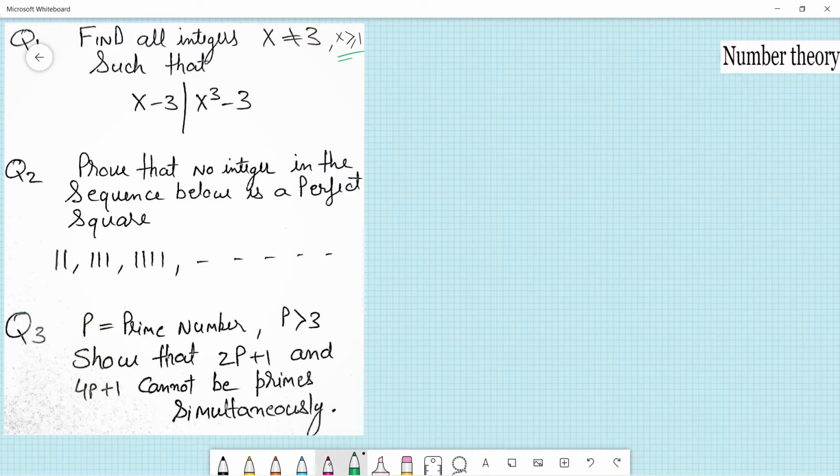The third question says, if p is a prime number, show that 2p plus 1 and 4p plus 1 cannot be primes simultaneously. What this question says is, you take p as any prime number, say p to be 5, then 2p plus 1 comes out to be 11, and 4p plus 1 comes out to be 21.